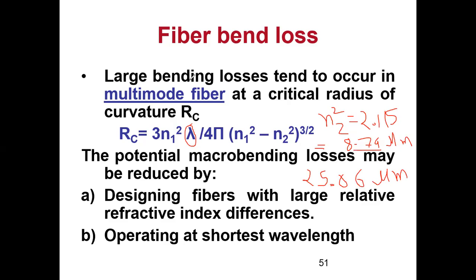7.77. Arju, 7.77 micrometer. So the micrometer is the same for everyone, the rest all 25.11. 25.11 means it is near this one. Someone else also got this answer. Anybody else has any other answer? Manas? 25.1 micrometer.